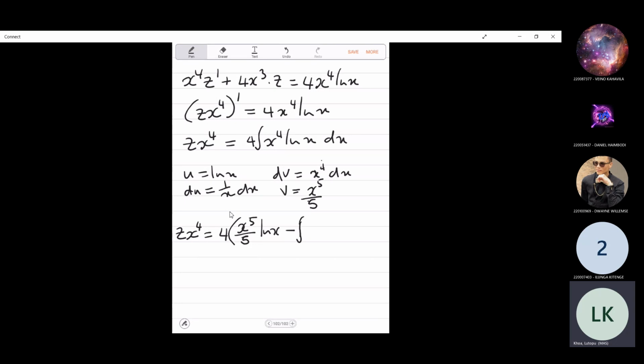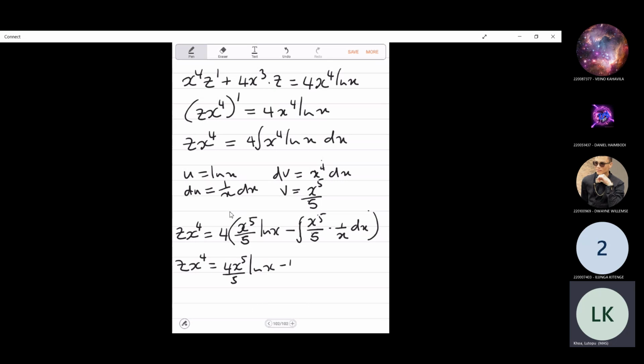So it's x to the power of 5 over 5 multiplied by 1 over x dx. So z x to the power of 4 is 4x to the power of 5 over 5 ln of x.